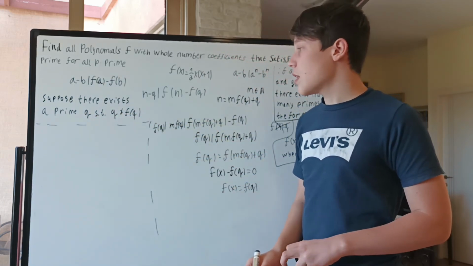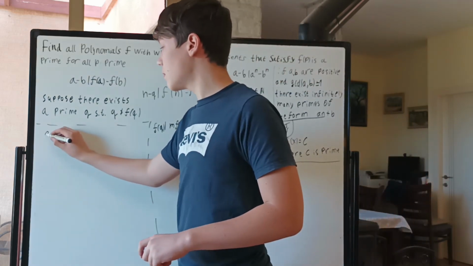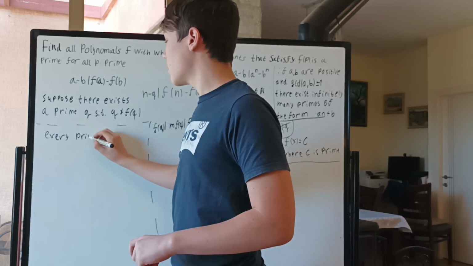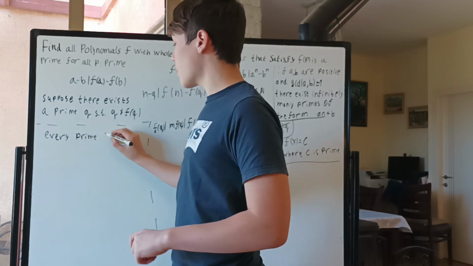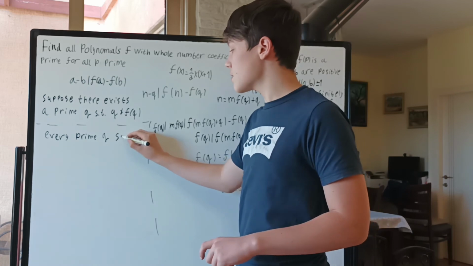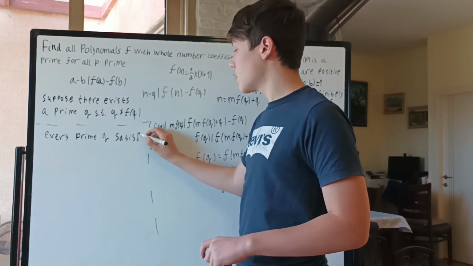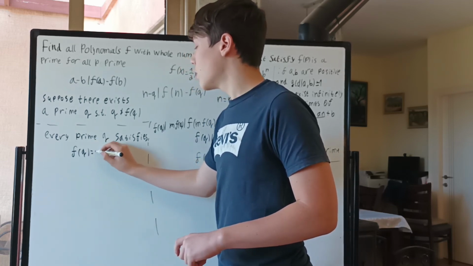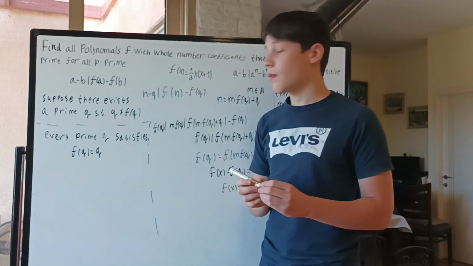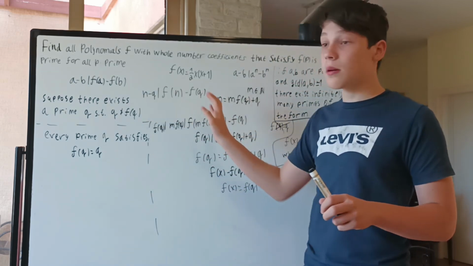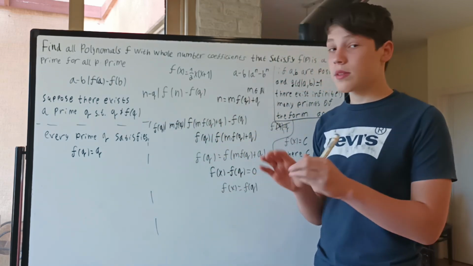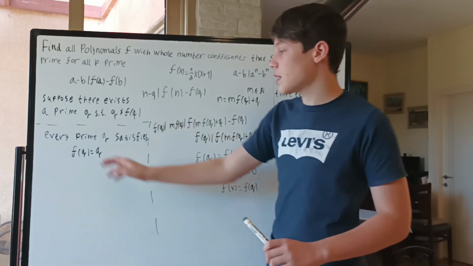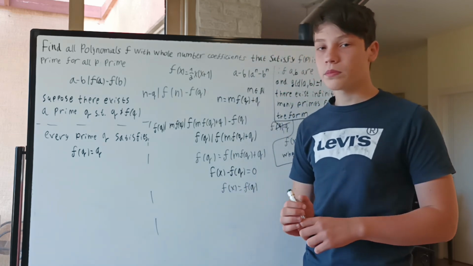that case says every prime q satisfies that f of q equals q, right? If it's not the case that there is some prime q such that q is not f of q, that means that every prime satisfies that f of q is equal to q.